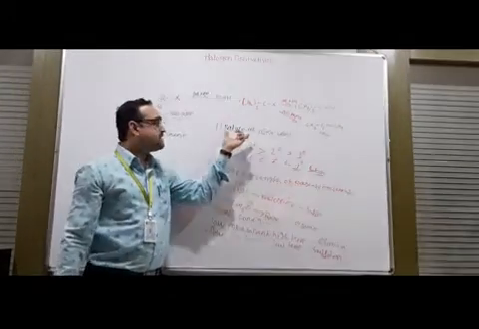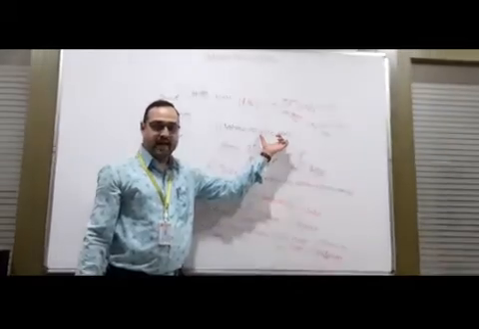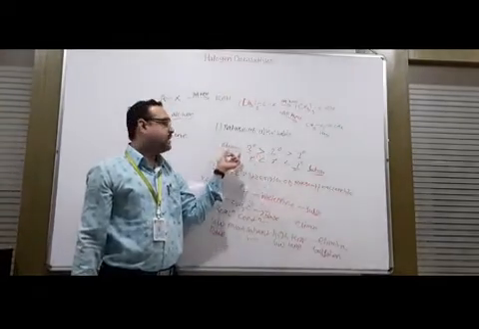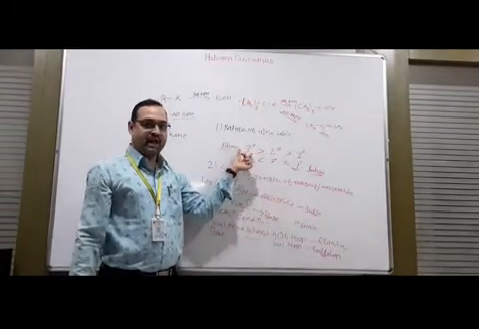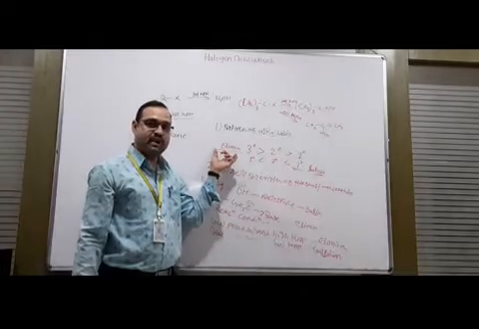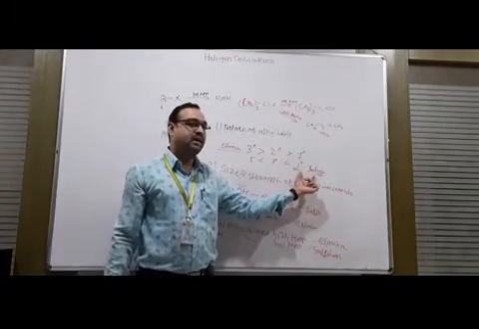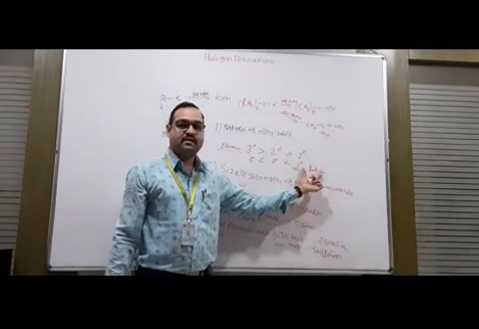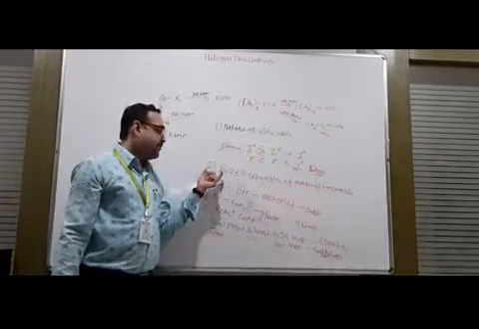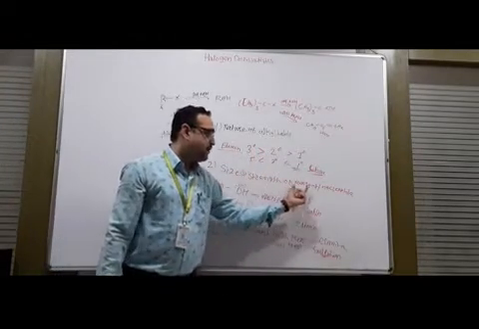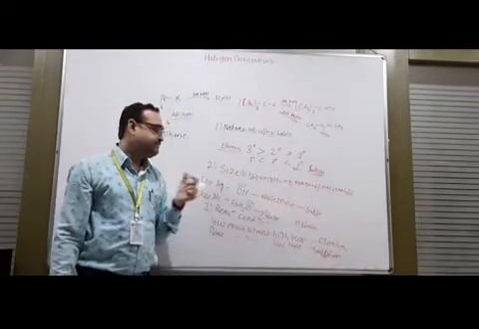First, nature of alkyl halide: the tertiary alkyl halide is more reactive towards elimination, whereas primary alkyl halide is more reactive towards substitution. Second point, the size and strength of reagent or nucleophile.